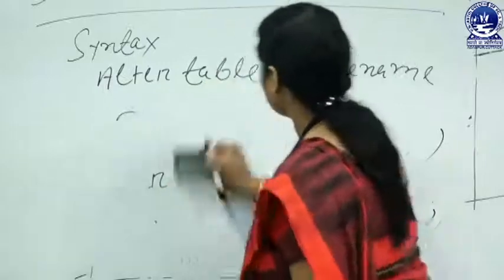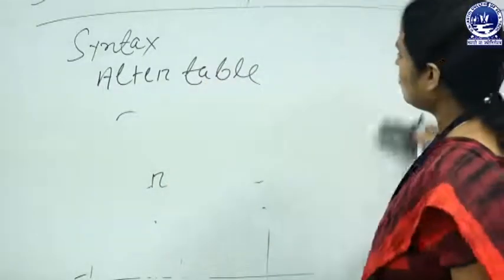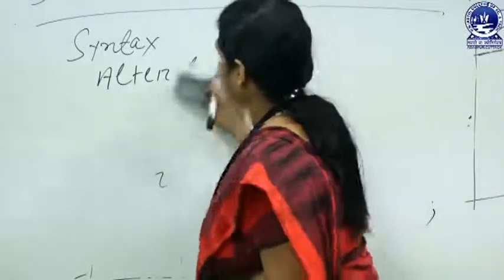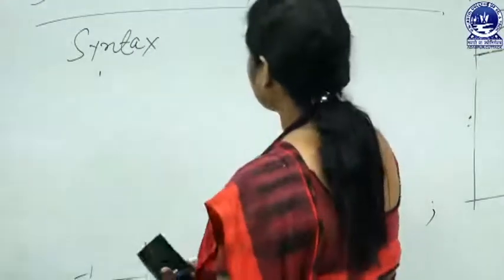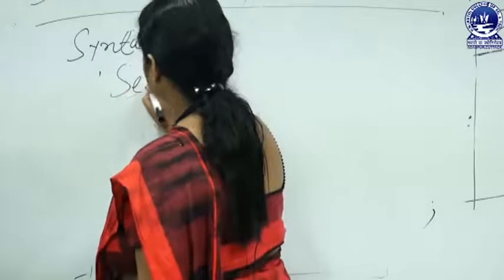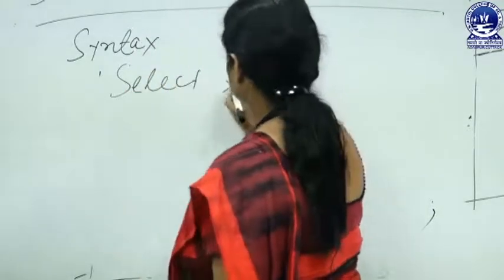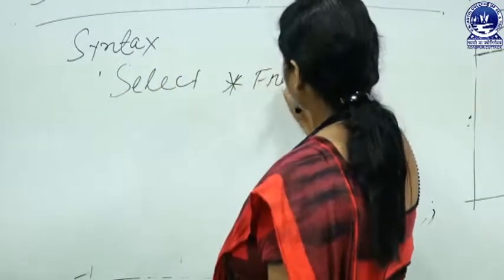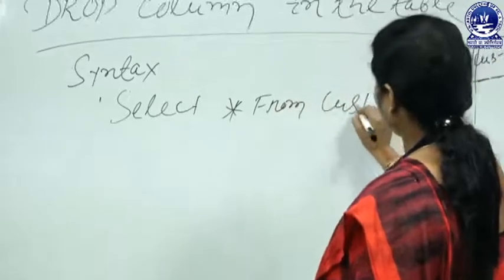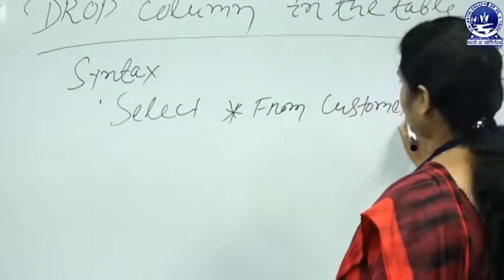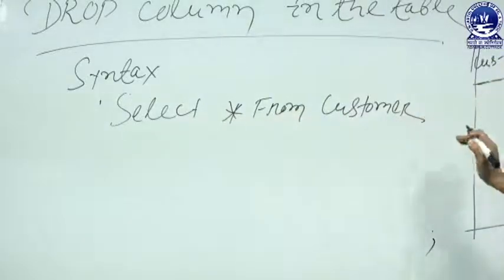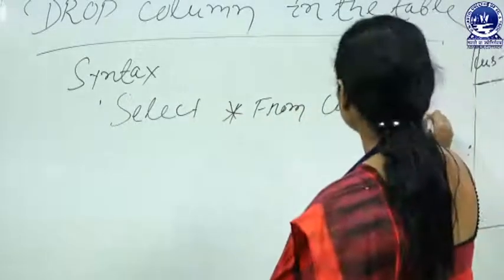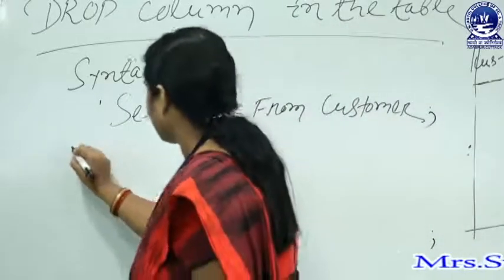To show the output of the table, we write select star from table name, here customer, semicolon.